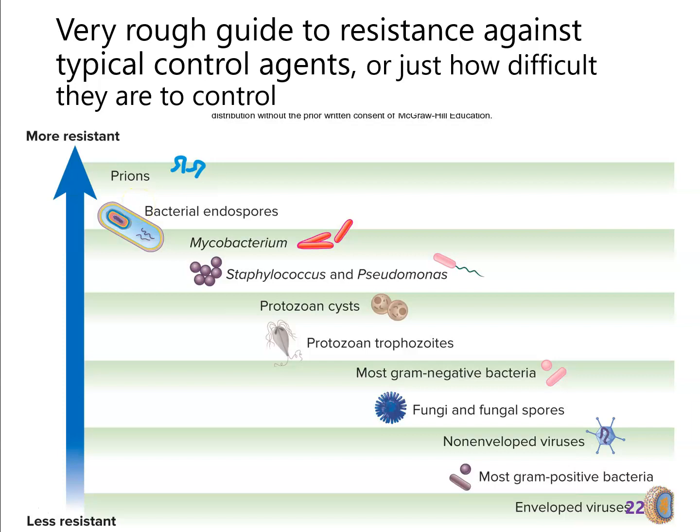We need to use high heat, like 1,000 degrees, or an actual flame, or we need to use some really harsh chemical. Whereas if we're trying to get rid of typical gram-positive bacteria or enveloped viruses, maybe we can use ethanol, we can use hand sanitizer, something really simple and really ineffective like that.